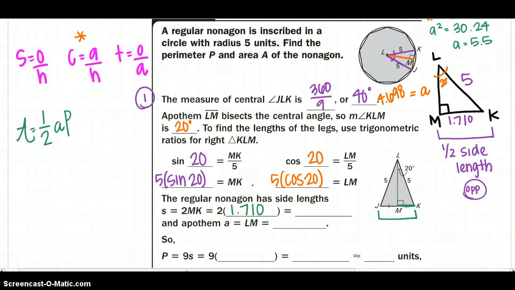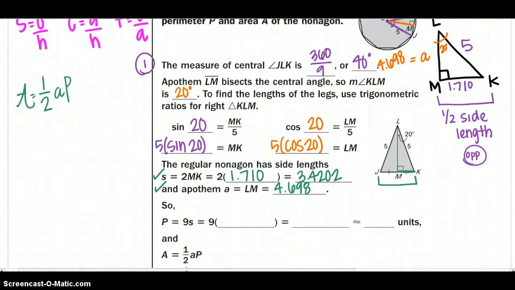So we come up with our side length being about, let's do it on our calculator, 3.4202. And then we also again have our apothem to be 4.698. So those are the two things that we really have to find before we start on our area.